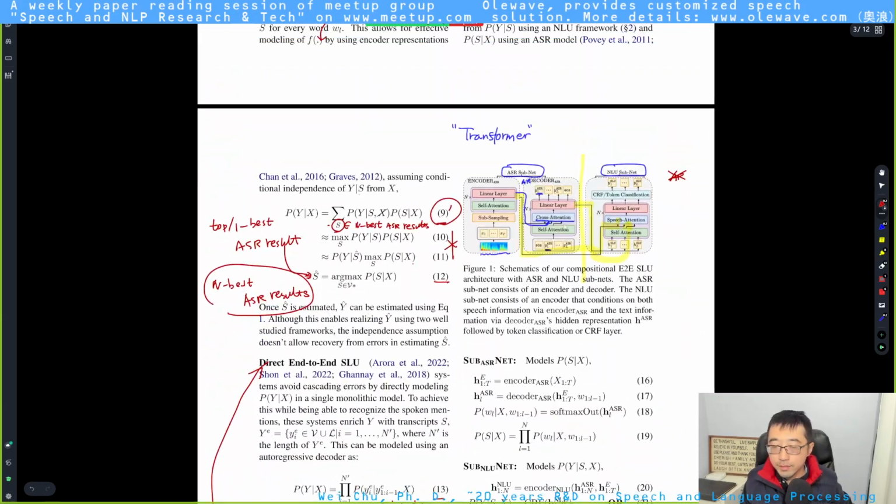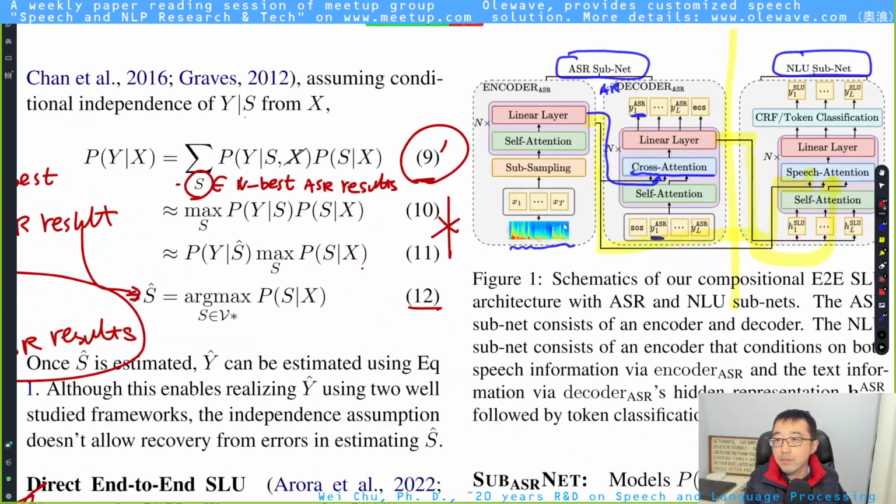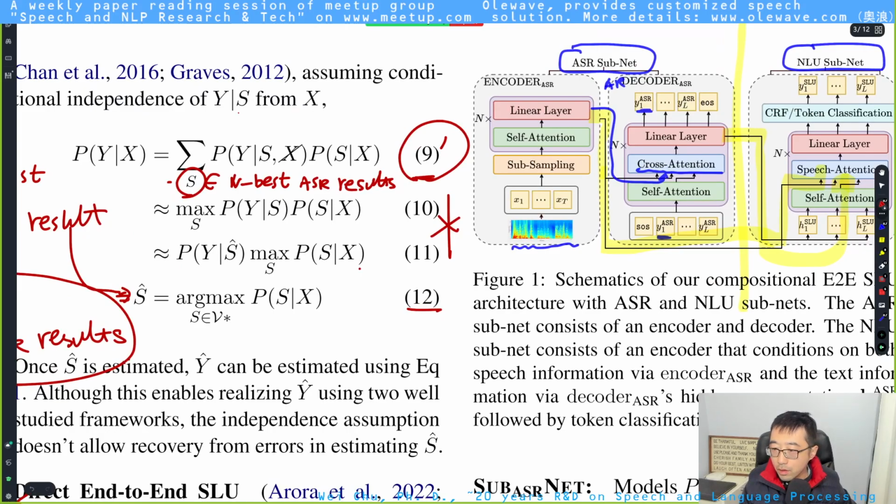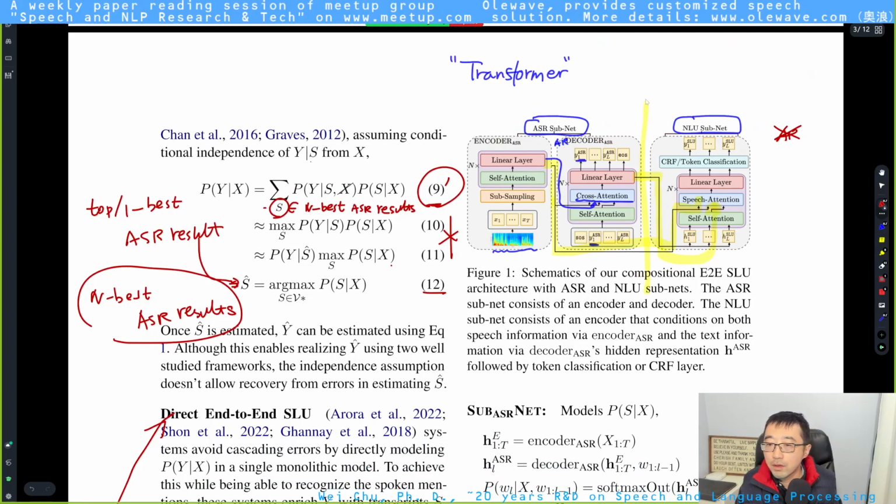Let's go back to here. I hope you're with me. Then you have this embedding here.